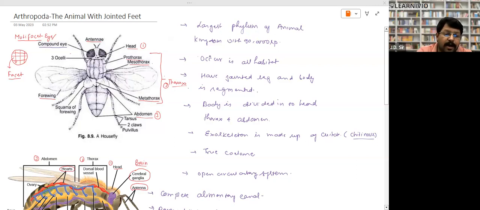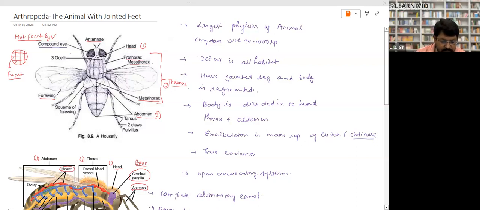The external covering, the black color covering you see in the cockroach, in the flies and others, is made up of a layer called cuticle, which is made up of chitin. What is chitin? It's not the chitin which is found in fungus. Basically, this chitin is made up of protein. Is it clear? Okay. Next point.